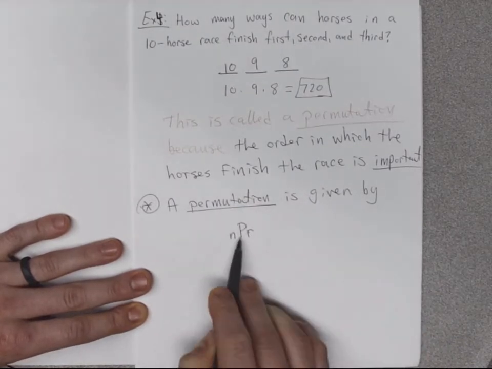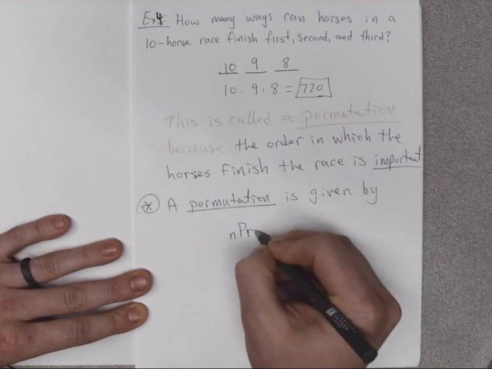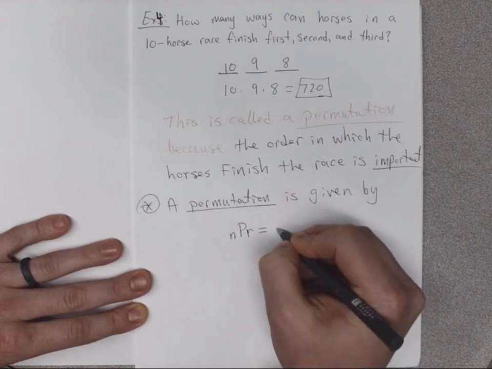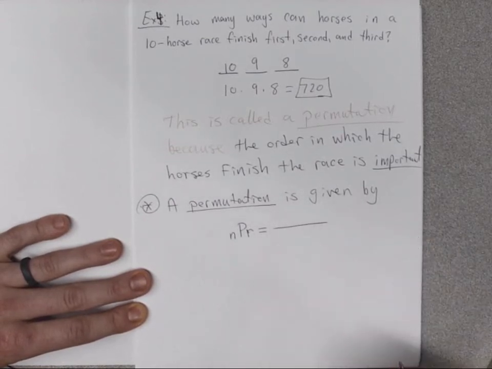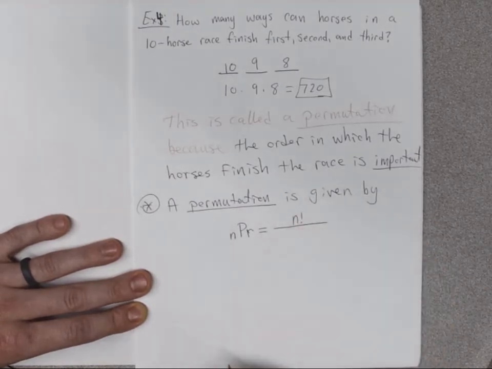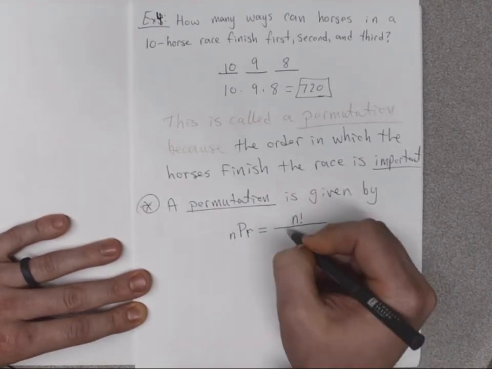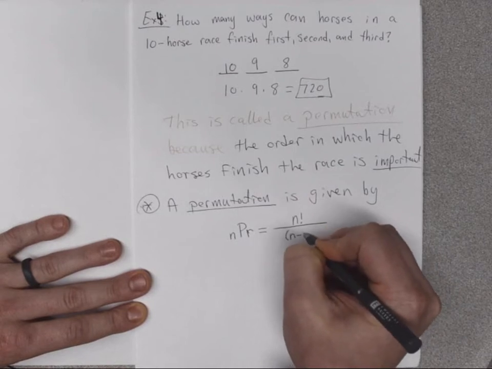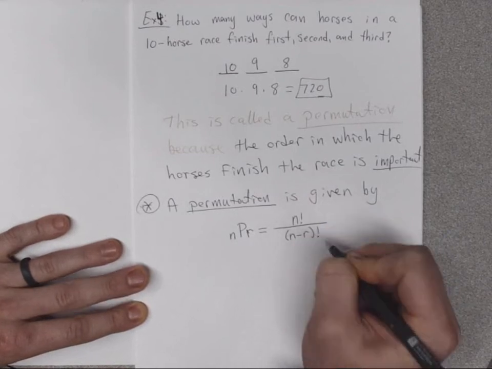That's how we represent that we're dealing with a permutation. And that's equal to, with a divide sign, n factorial on the top, there are those factorials again, and on the bottom we divide by (n minus r) factorial.